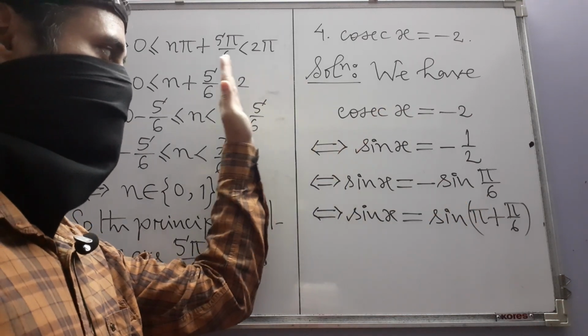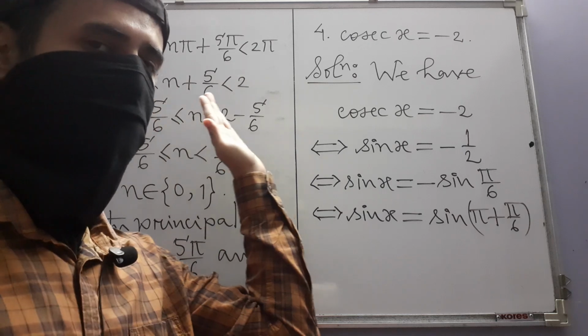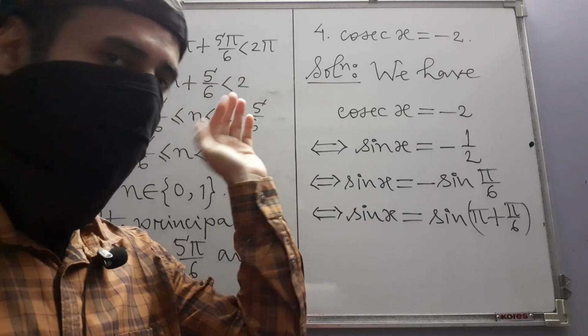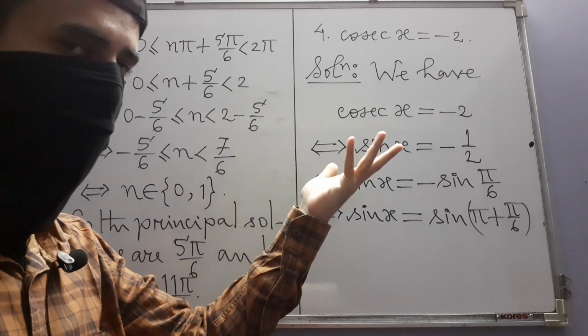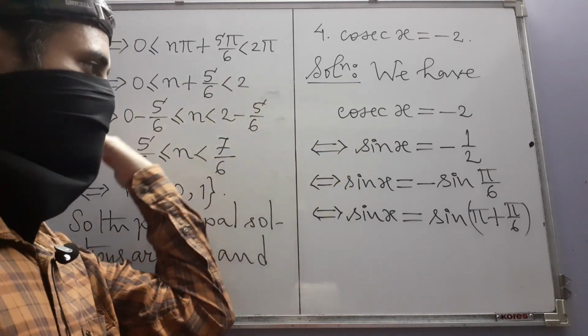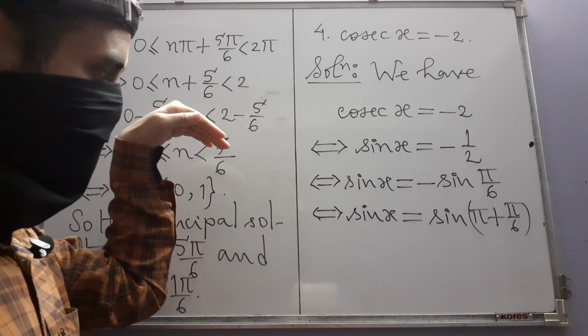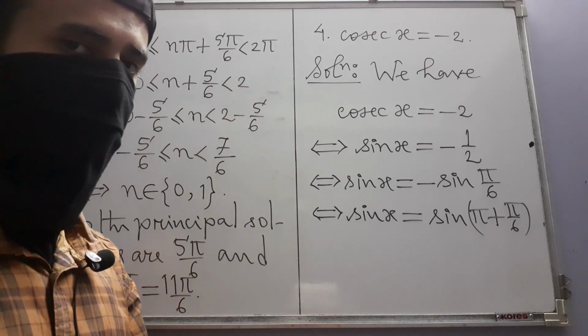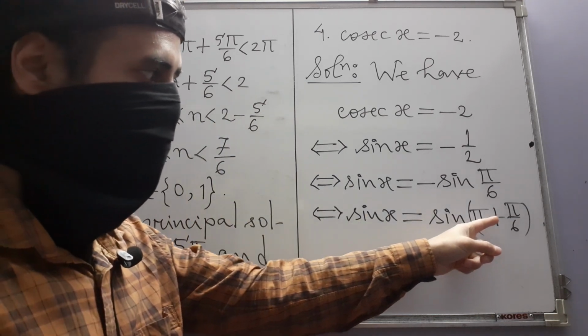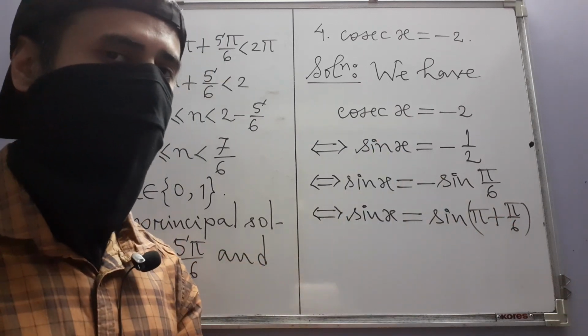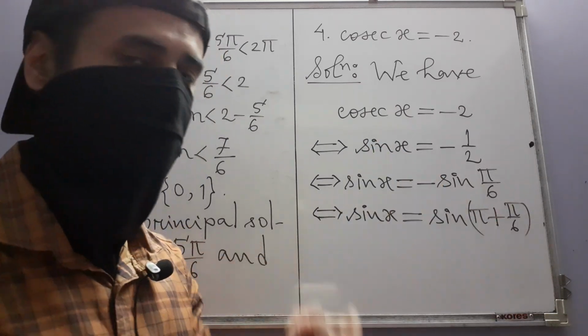But when it goes beyond 90 degrees, but is still in the second quadrant, sine is still positive, because sine is the y coordinate of that point. You know what I am talking about. But as you go to the third quadrant, y goes below the x axis and it becomes negative. That's why I am thinking of adding pi to this, so that this angle lies in the third quadrant.